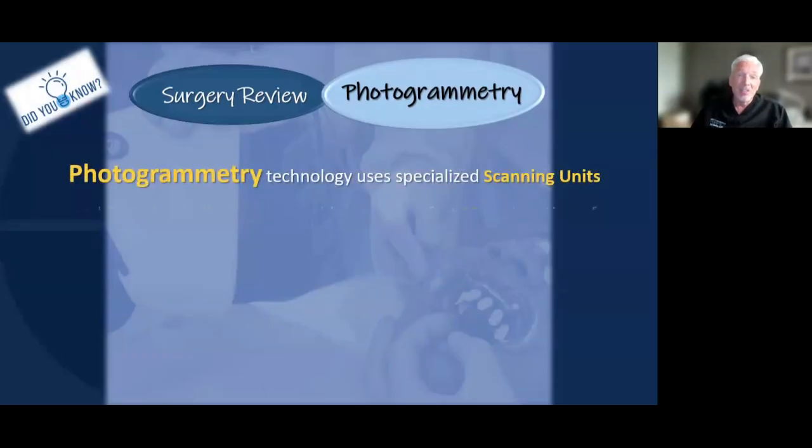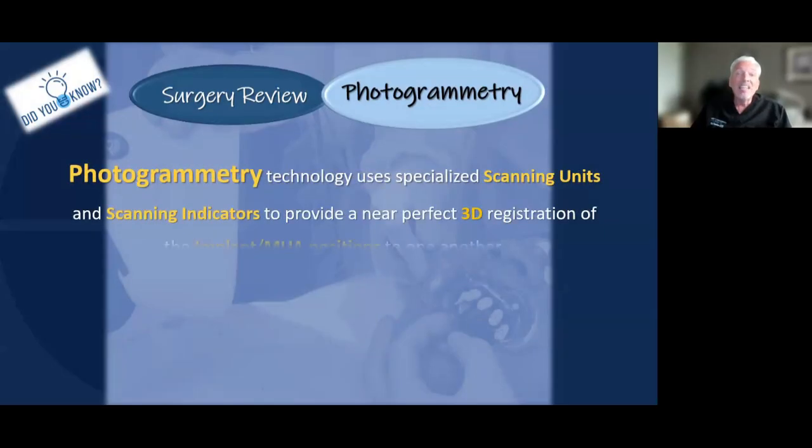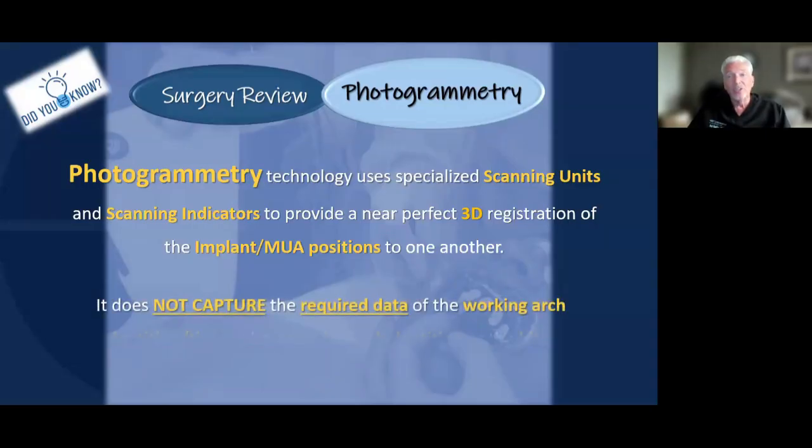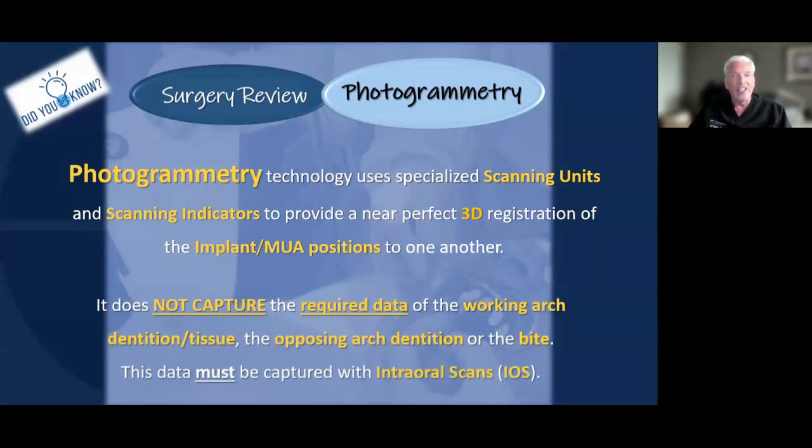And I've got to be honest with you, a year ago I didn't realize this, but photogrammetry is technology that utilizes special scanning units and scanning indicators to provide a near perfect 3D registration of the implant and MUA positions to one another. That's very key here.